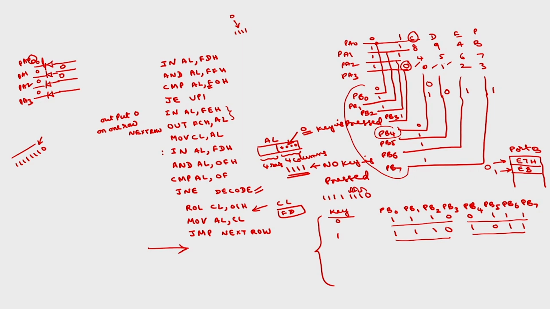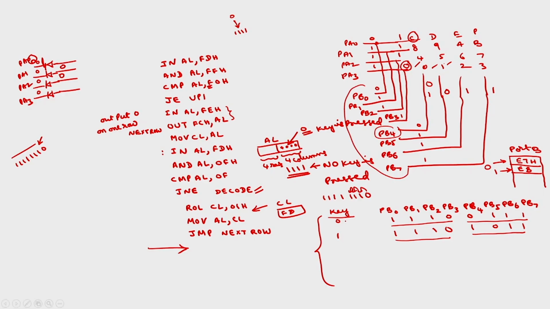Okay. So the codes corresponding to key presses. When the 0 key is pressed, in order to detect that key, PA0 to PA3 will contain 1110, but this is connected to PB0, so PB0 is 1 only.